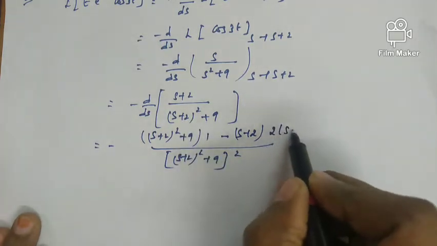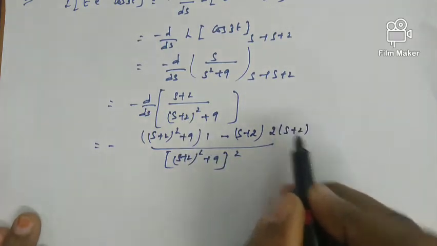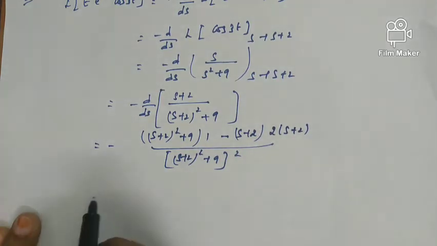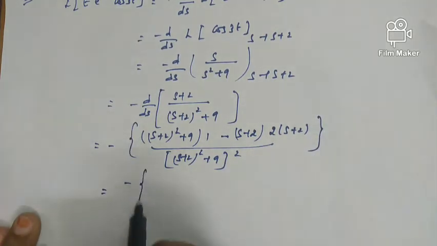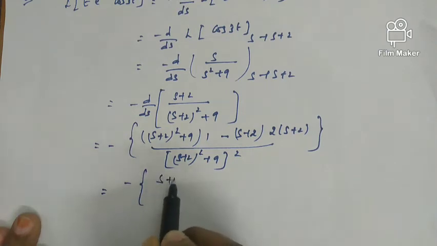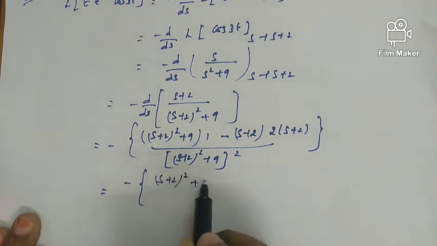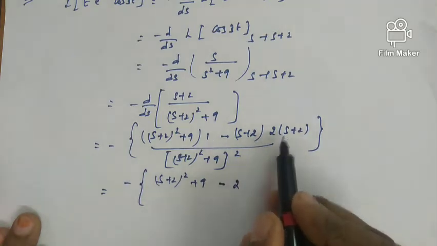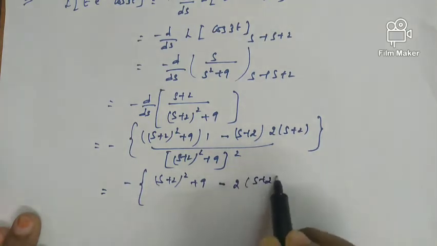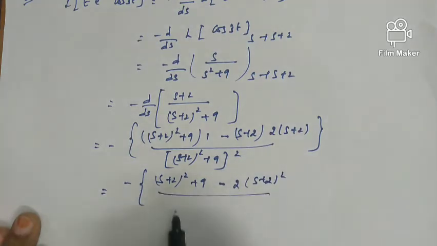So 2 into s plus 2, differentiation of s is 1. So now we can write this as minus outside. On the whole we can write this as s plus 2 the whole square plus 9 minus 2 into s plus 2 into s plus 2, divided by s plus 2 the whole square plus 9 whole power 2.